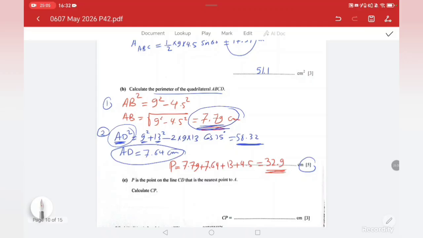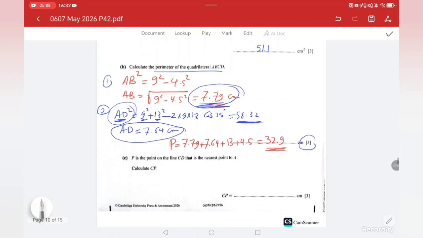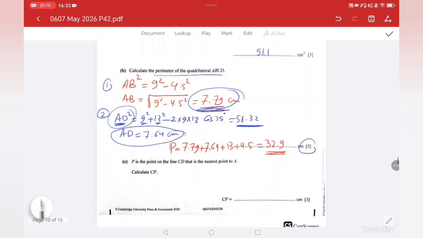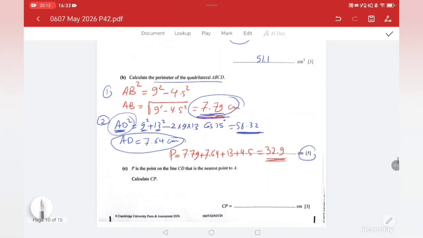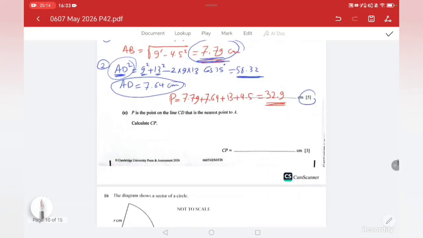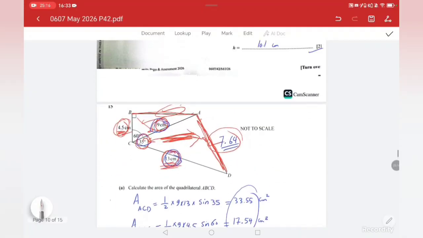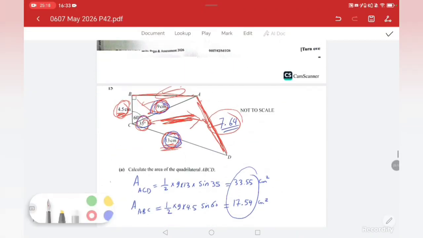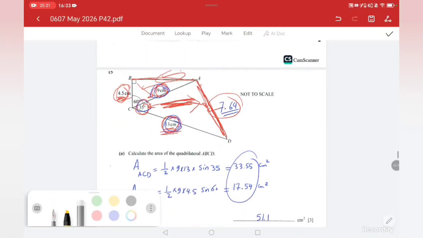Done with this. Okay, next one, question 3. P is the point on the line CD that is the nearest point to A. First of all, let's remove this and see.